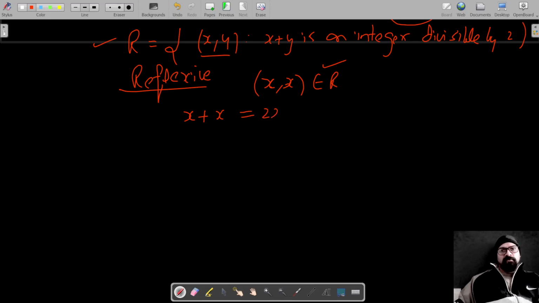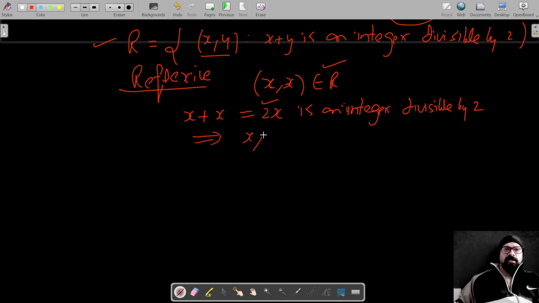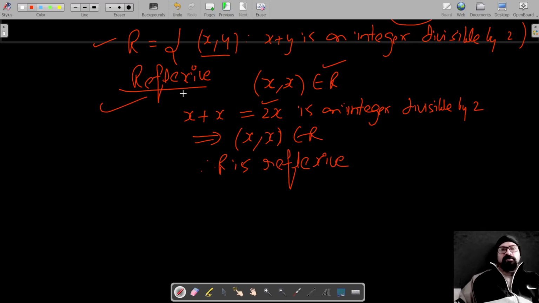So x plus x is 2x, which obviously is an integer divisible by 2, because it's even, multiplied by 2. So this implies that the ordered pair x comma x belongs to relation R. Therefore, this relation is reflexive.